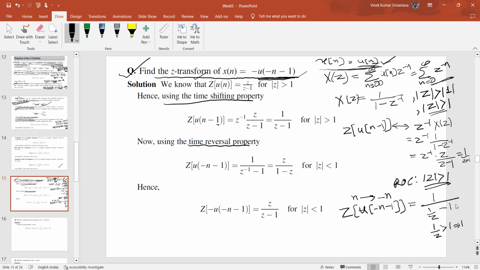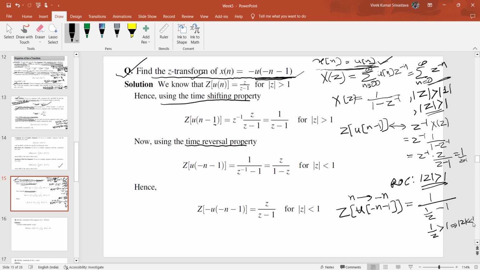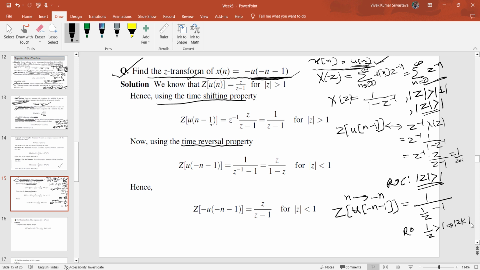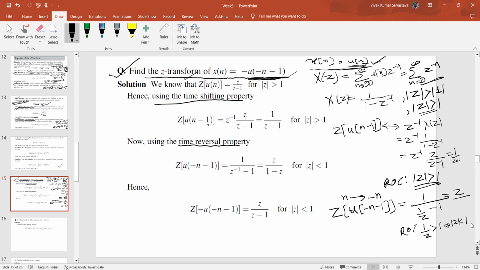So here the ROC means mod of z will be less than 1. Once you evaluate this expression you will get z over 1 minus z. Now we have used the time reversal property so as to evaluate u of minus n minus 1.